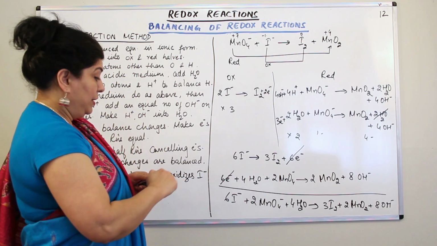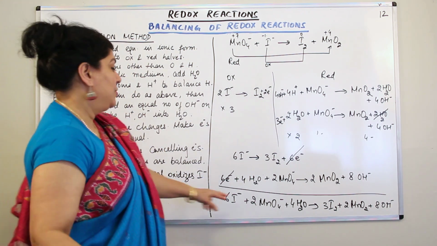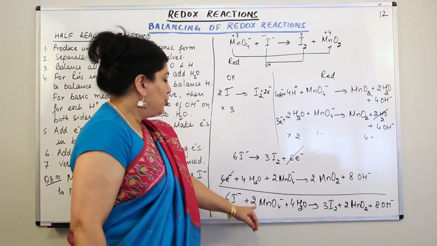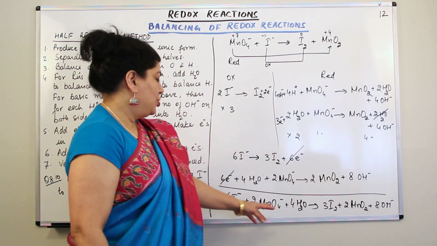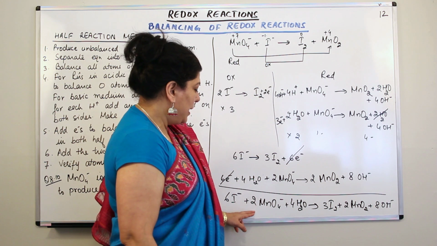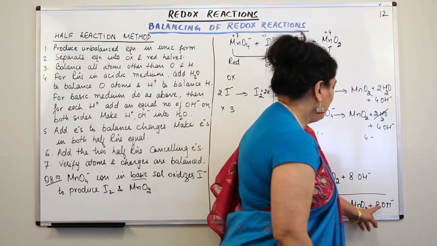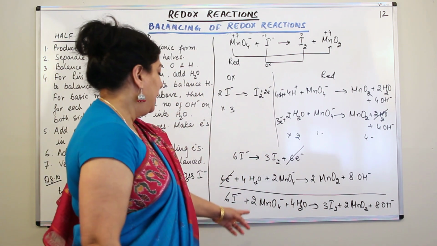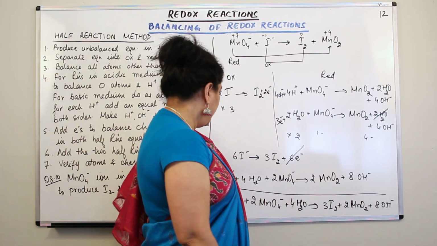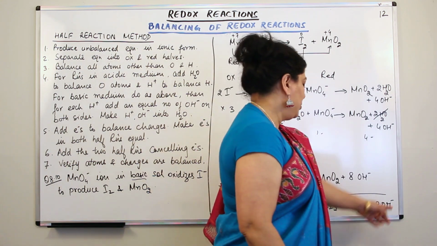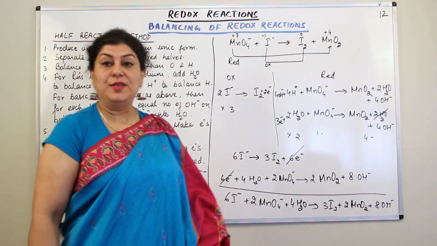So there are 6 iodide ions, or 6 iodine atoms on this side, 2 manganese, oxygens we'll see in the end. 4 2s are 8, plus 4, 12 oxygens here. 2 2s are 4, 4 plus 8, 12 oxygens here. How many hydrogens? There are 8 hydrogens, and you have 8 hydrogens on this side. So the equation is balanced.